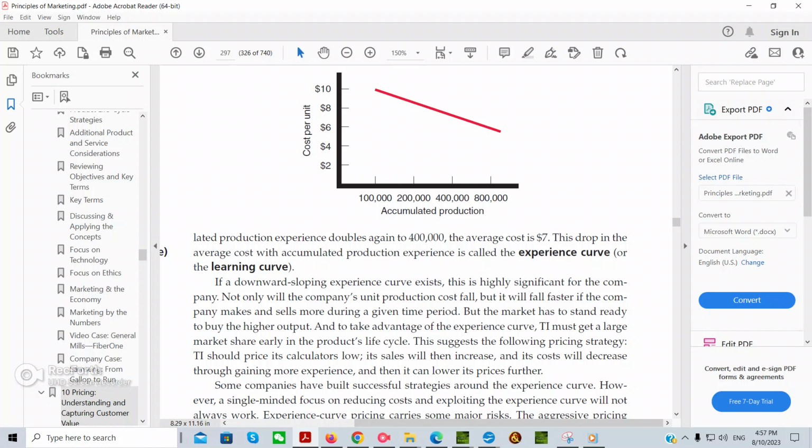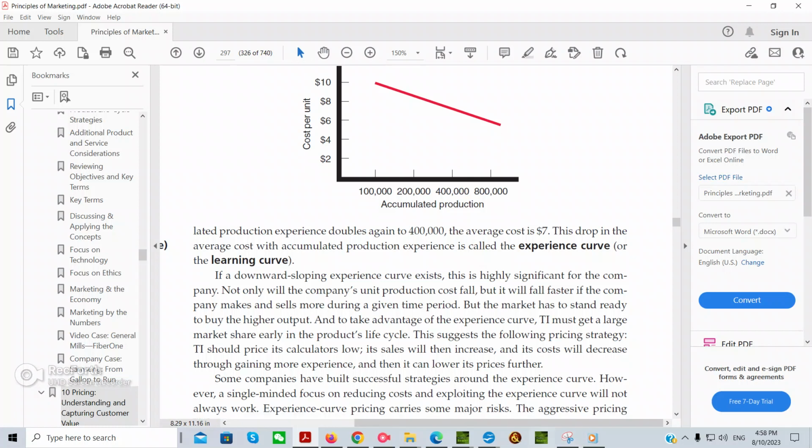Now, if it's the opposite, meaning you're producing more but you're not becoming more efficient, that means your profit margin will stay the same, meaning per item profit margin.